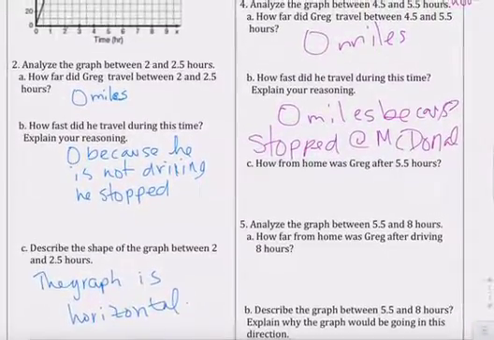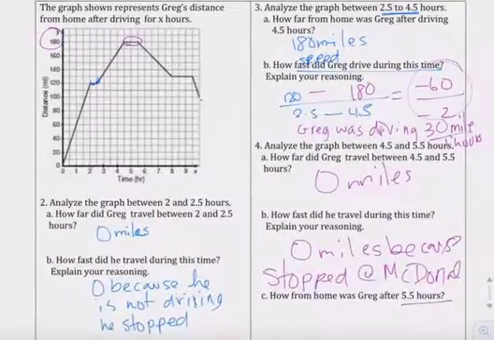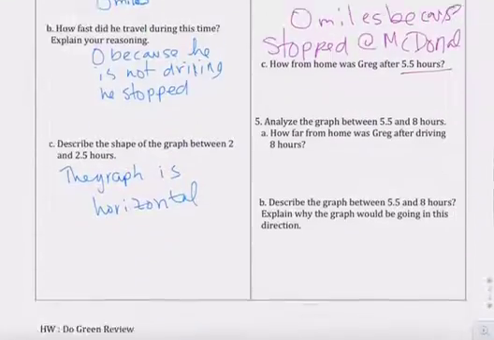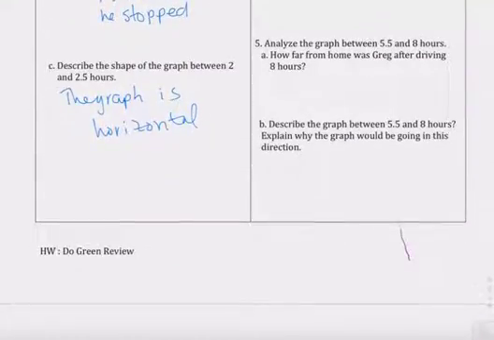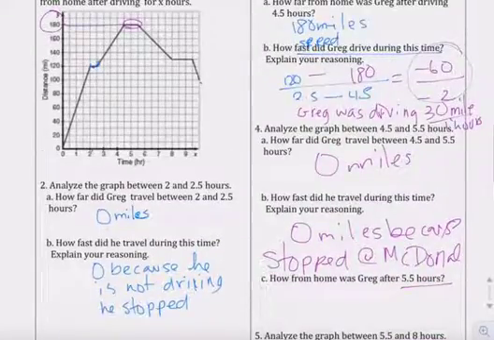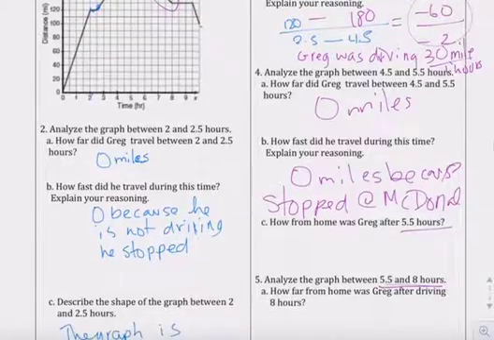How far from home is Greg after 5.5 hours? 180. Analyze between 5.5 and 8 hours. Right here, Greg is driving home because it's going down.